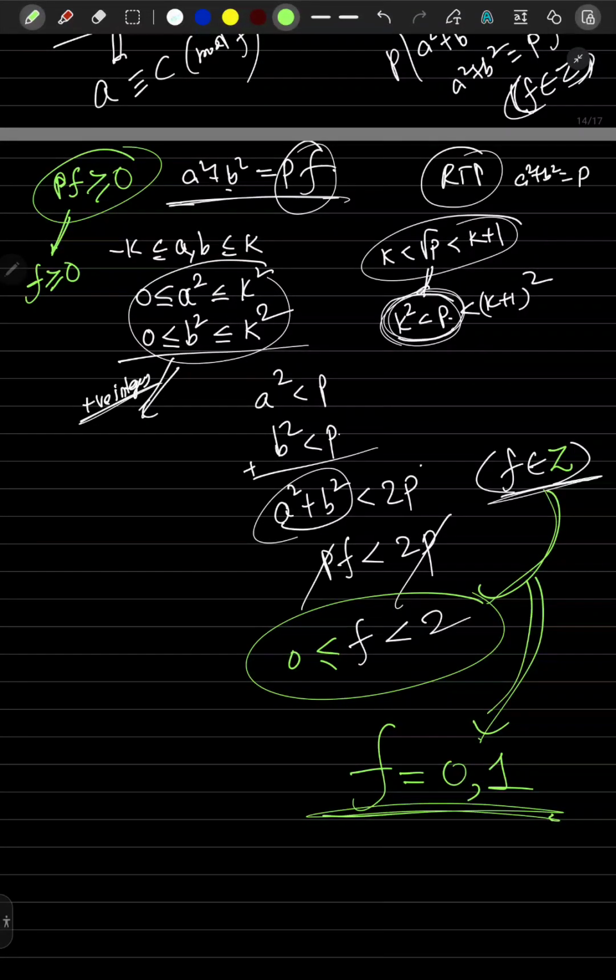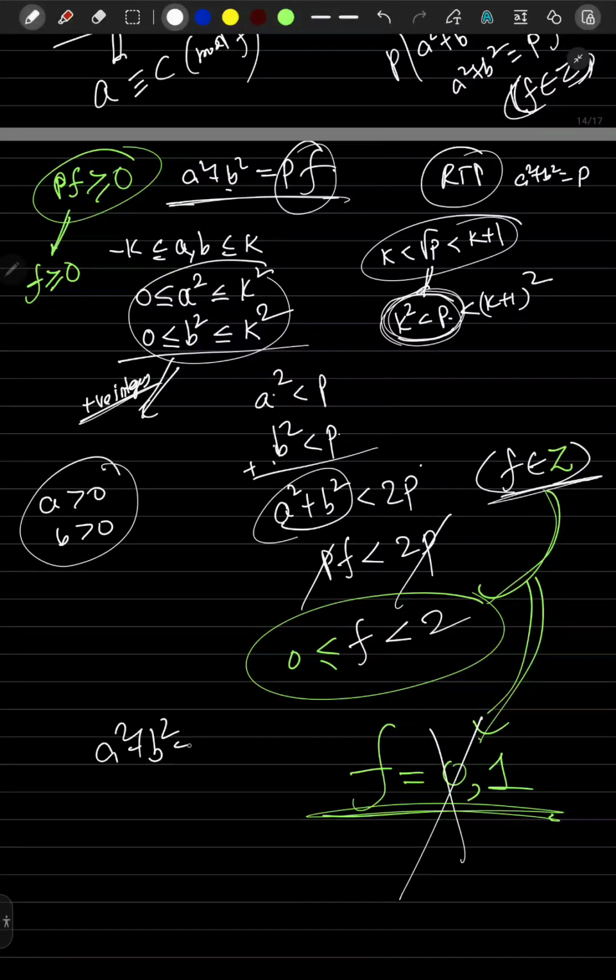As per our theorem, a and b should be positive integers. Positive means greater than 0, so we ignore f equals 0. So f value is 1, and a square plus b square equals p. This is the desired result.